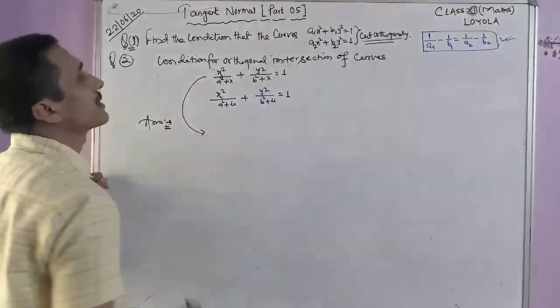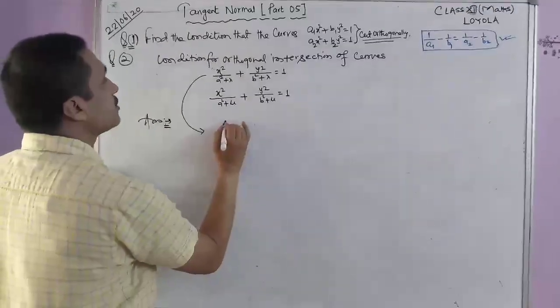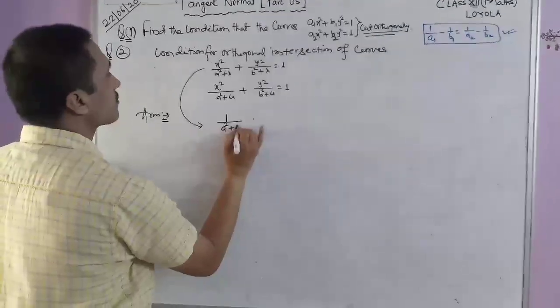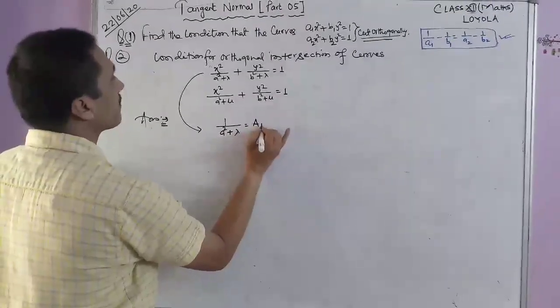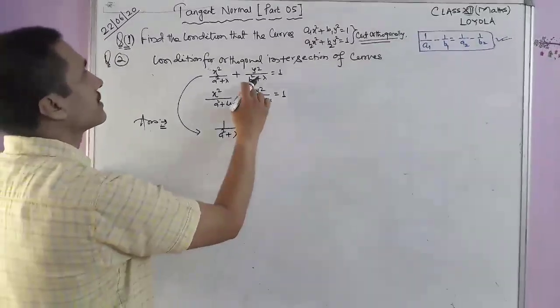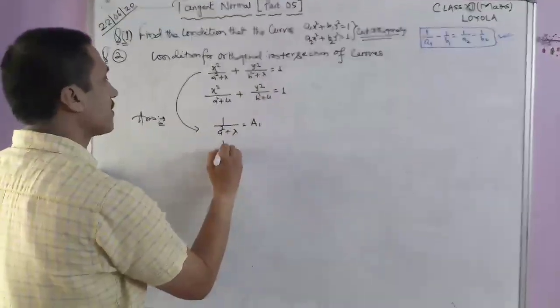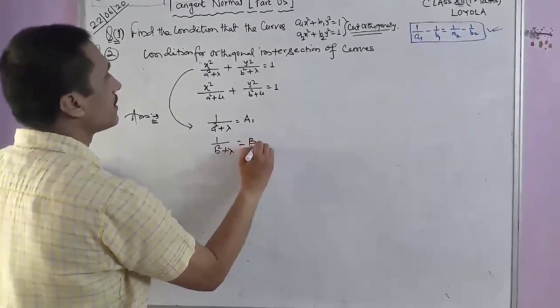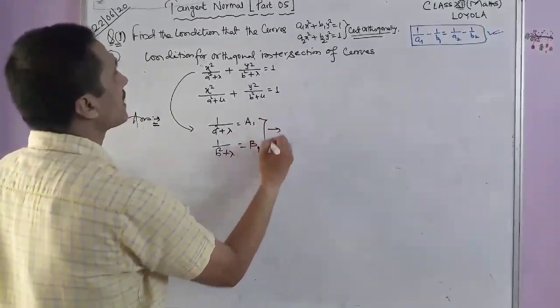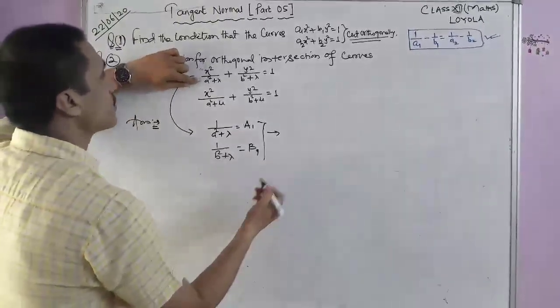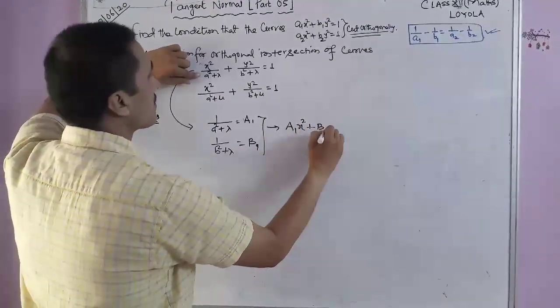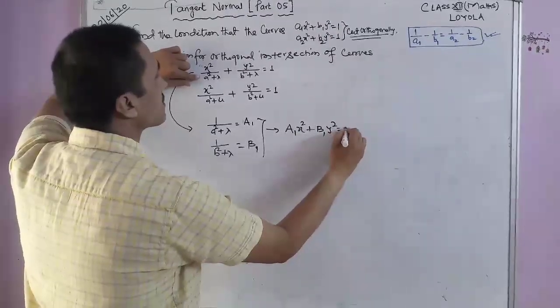in the first relation, assume the coefficient of x square, 1 upon a square plus lambda, equal to a1 and the coefficient of y square, 1 upon b square plus lambda, equal to b1. The first relation reduces to a1 x square plus b1 y square equal to 1.